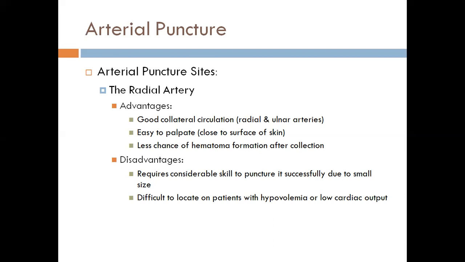So for your information lang, when it comes to your radial artery, the radial pulse can be felt on the thumb side of the wrist, approximately 1 inch above the wrist crease.